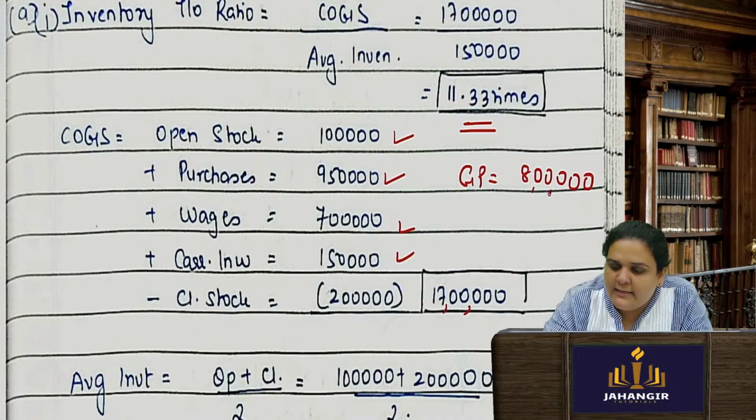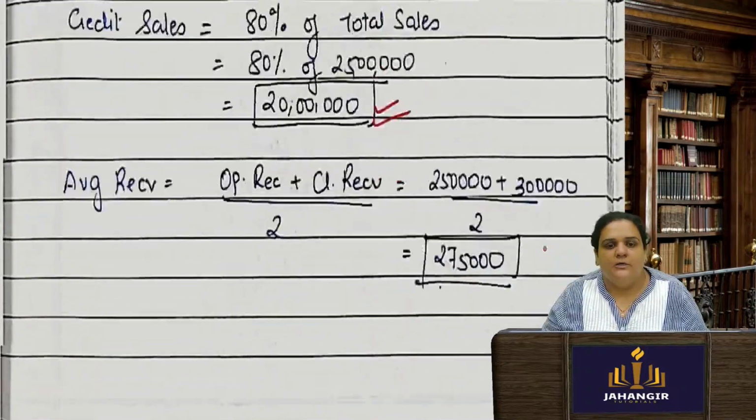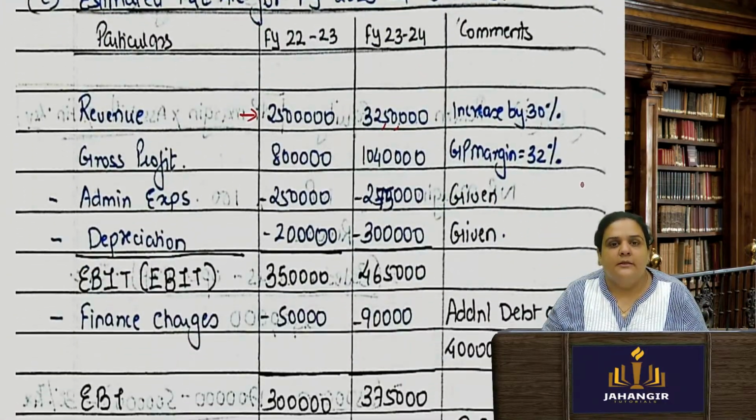So 8 lakhs divided by 25 lakhs, what is the percentage? 32%. They are saying this percentage will not change. So now also I will use 32% only.